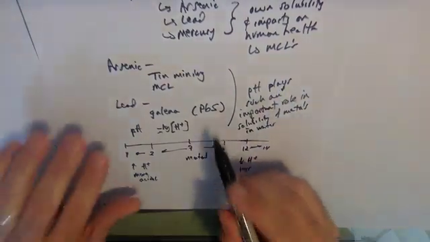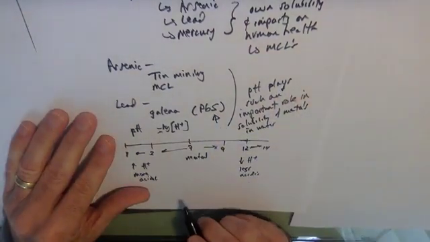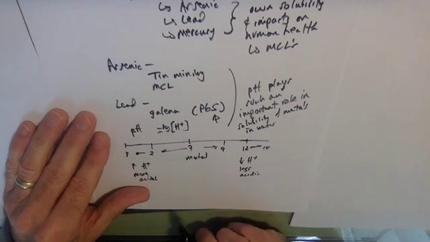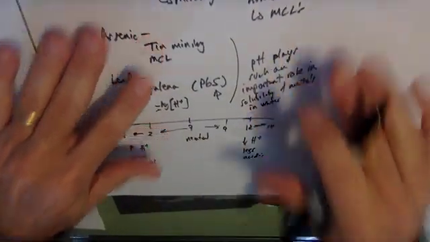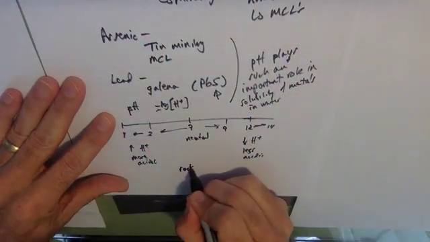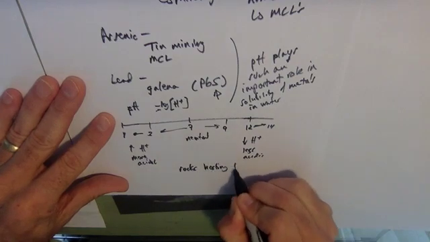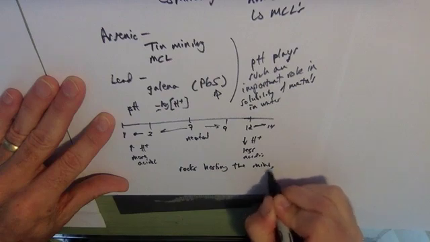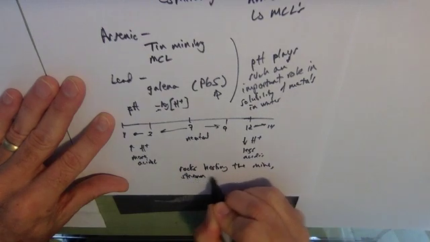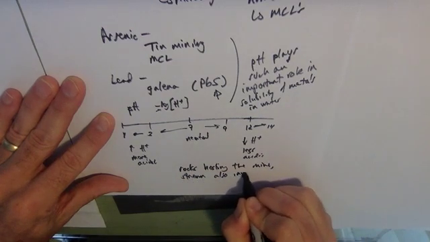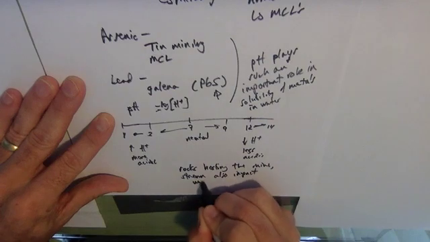And it's not just this oxidation of sulfur, it's the kind of rocks that the streams and rivers are flowing through. The rocks hosting the mine or the stream also impact water pH.